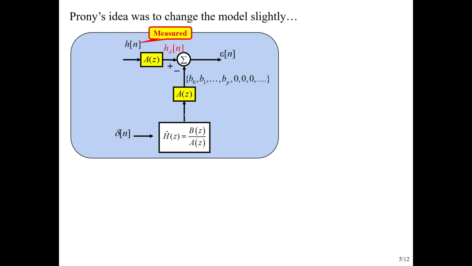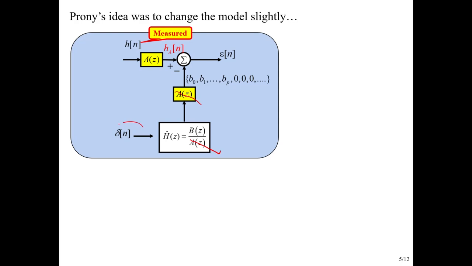So we still have this idea of having our model that we can ping with a delta function, and the thing that comes out, remember, we called h hat of n. And now we're going to run that through the same thing that we have down here. So what does that do, right? A cascade of two transfer functions is the product. So this A of z is going to cancel with that.